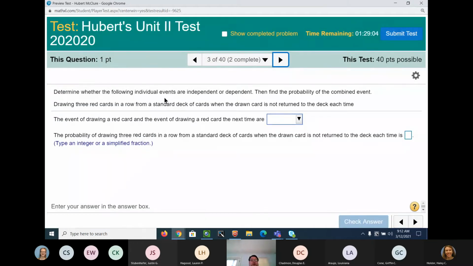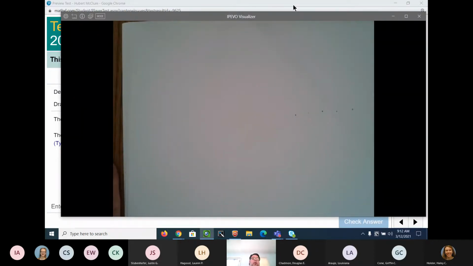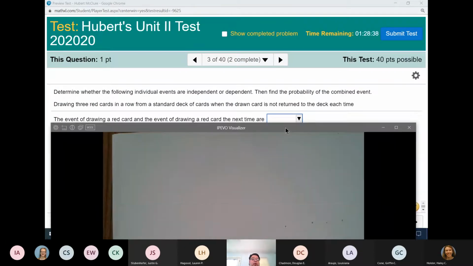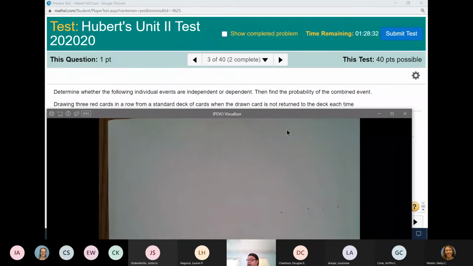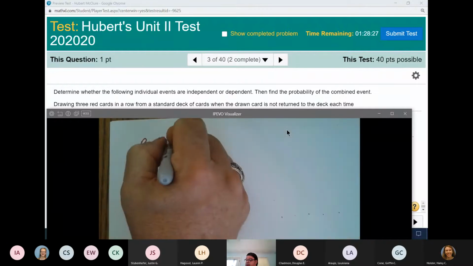Determine whether the following individual events are independent or dependent. Then find the probability of the combined event. Drawing 3 red cards in a row. Well, I believe Hubert went over one like this. It was the marbles. But let's talk about it. There we go. First of all, how many red cards are there in a deck of cards?